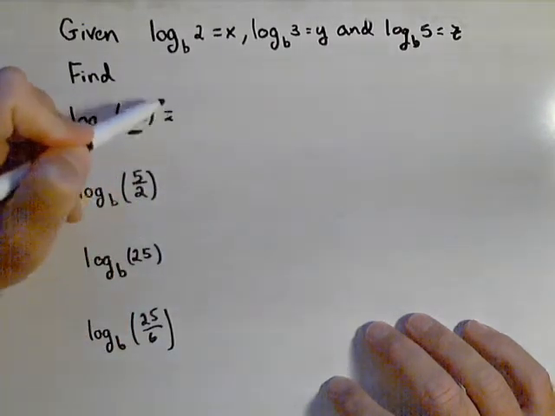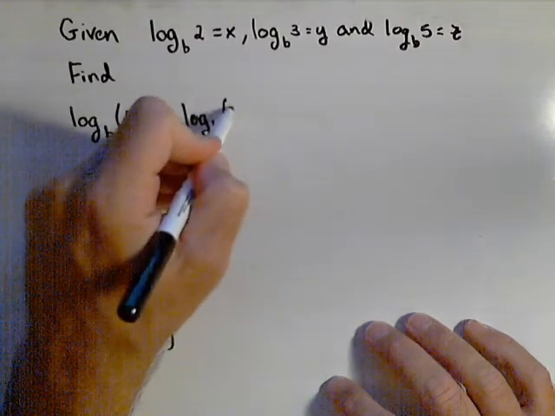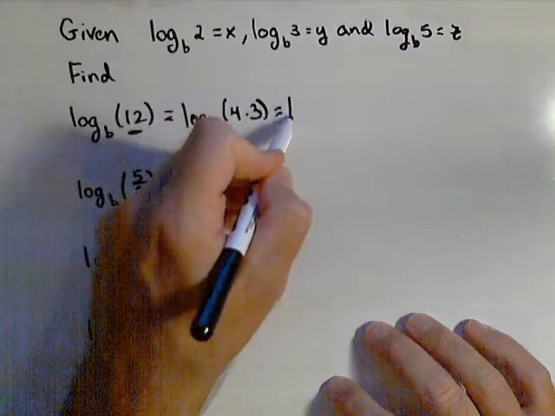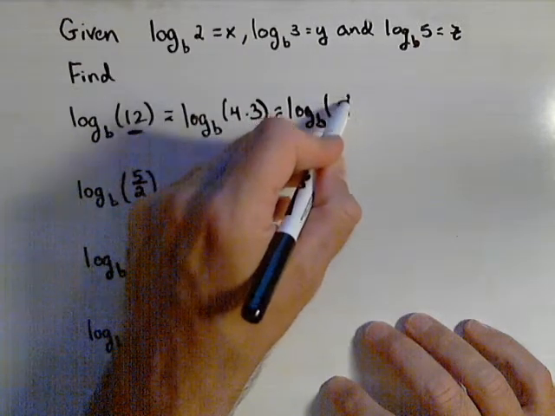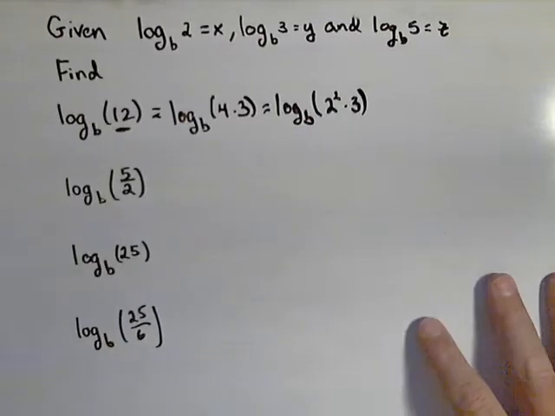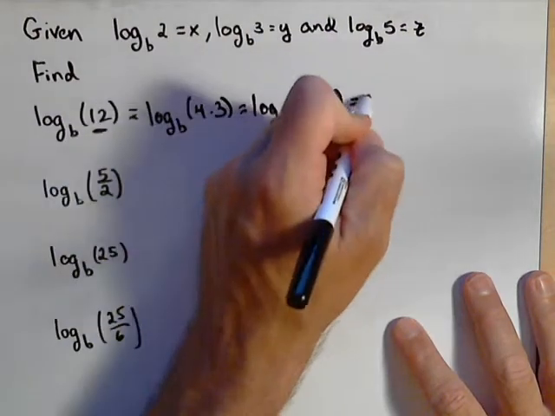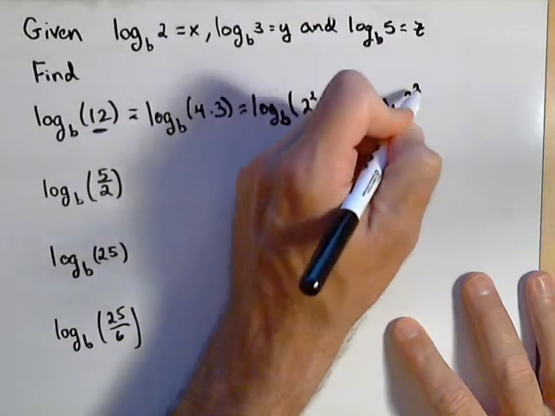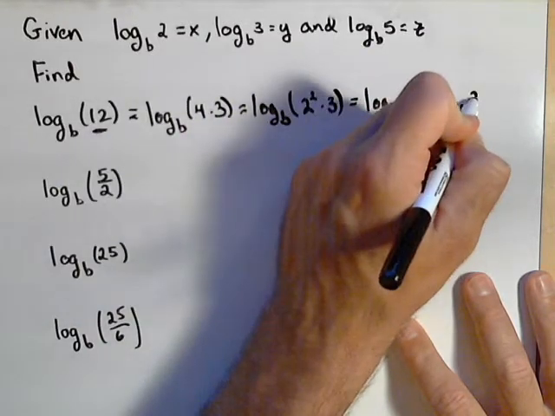So, well, 12 factors into 4 times 3, or taking it a step further, I can rewrite that as log base b of 2 squared times 3. Now here's why that's going to be useful. My product to sum says I can rewrite this as log base b of 2 squared plus log base b of 3.